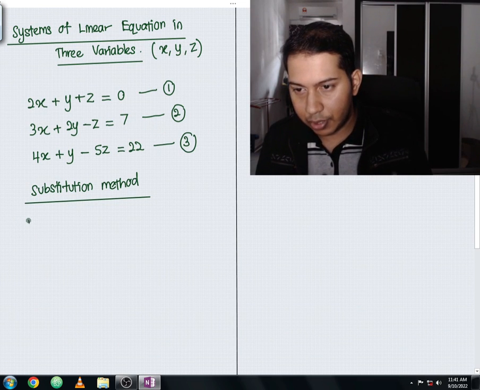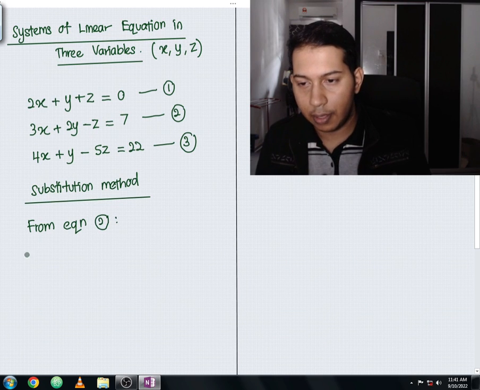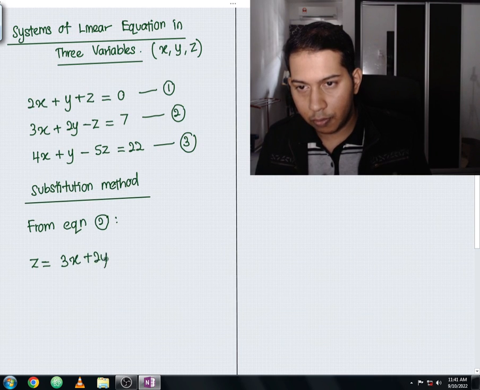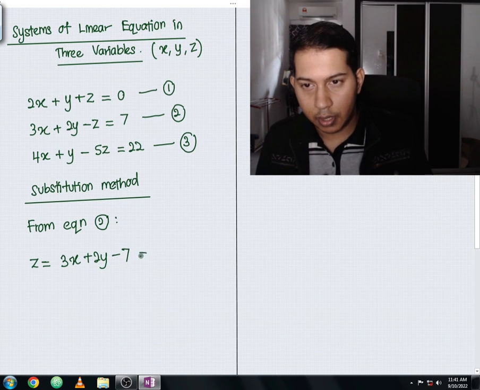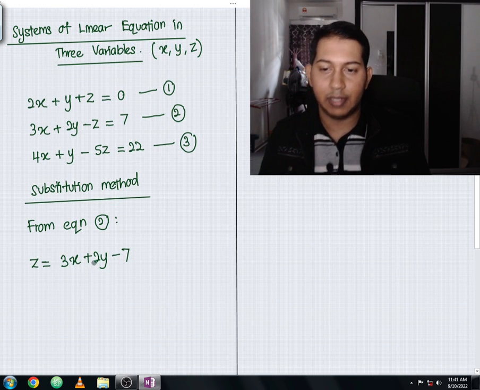From equation 2, we set z equals 3x plus 2y minus 7.